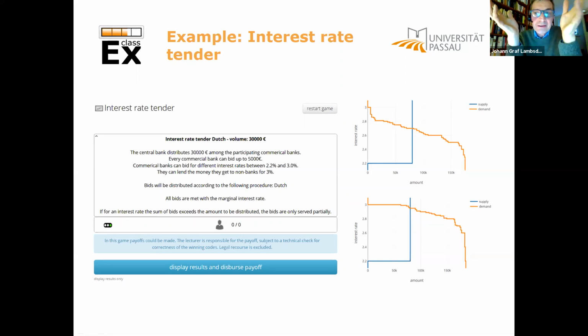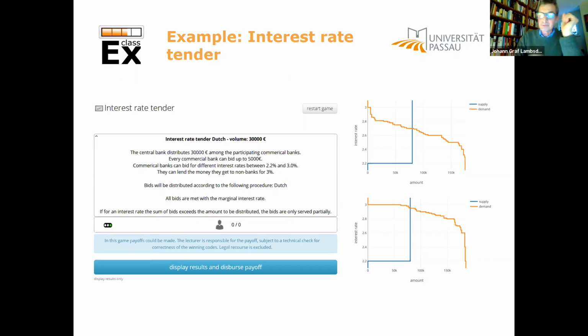But the interesting thing about these bidding procedures is that the Dutch bidding procedure generates the counterintuitive consequence that people bid up each other because they don't care so much about their own bidding price, and that induces an upward shift of this demand curve. So that is a nice takeaway, and it helps students understand actually the true bidding behavior.